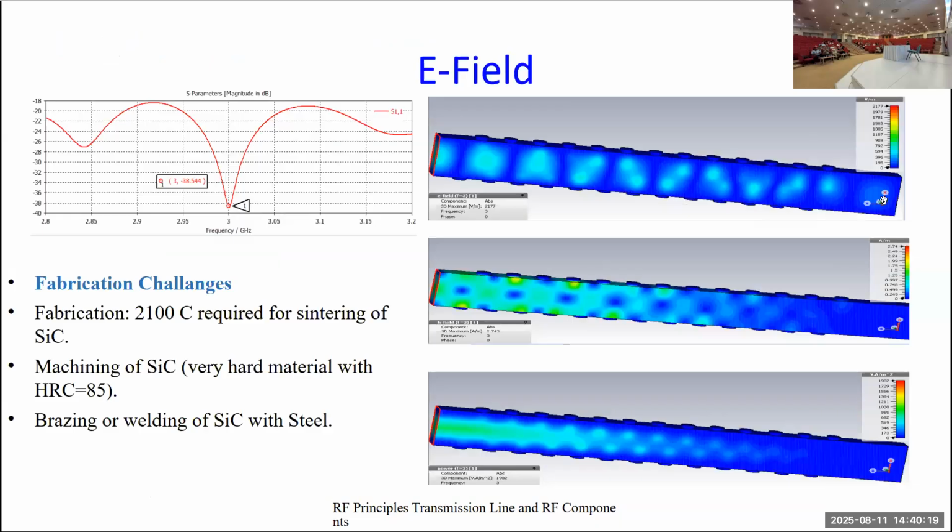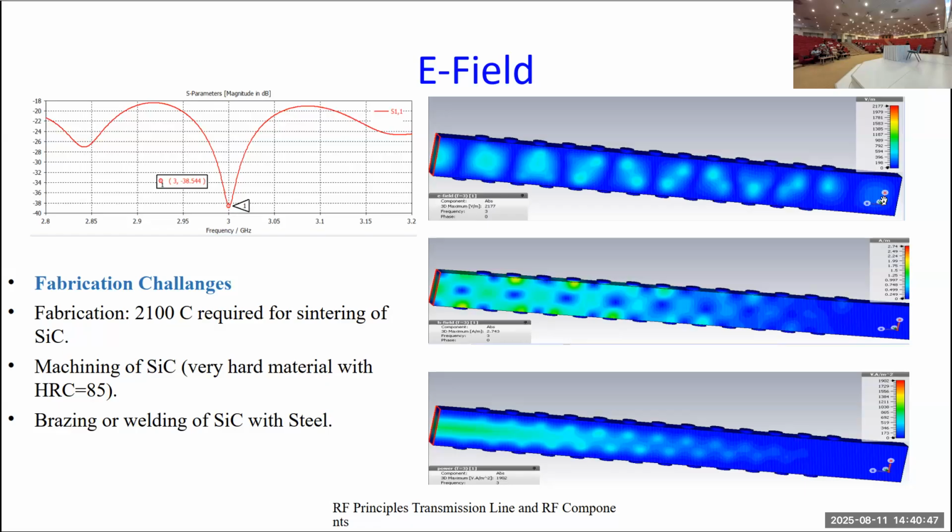Now these are quick results. When RF is injected or dumped, actually, we should use the word dumped. We do not inject power into these dumps. This is the power which is reflected back, and we have to dump it. The E field in the top figure shows that the E field is slowly absorbed.